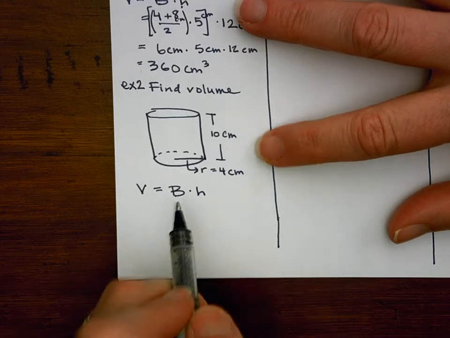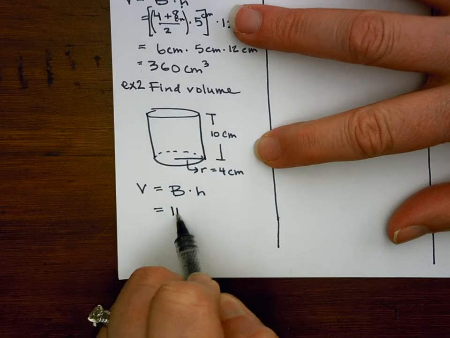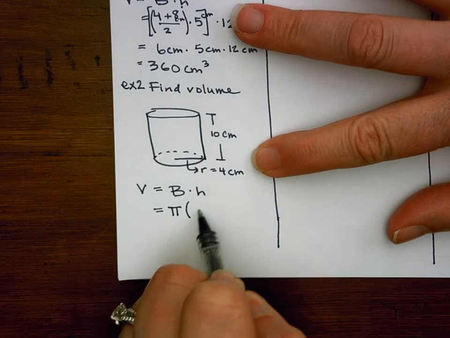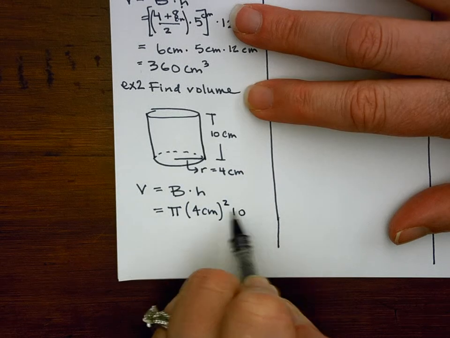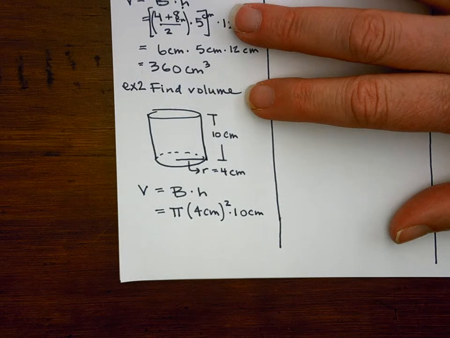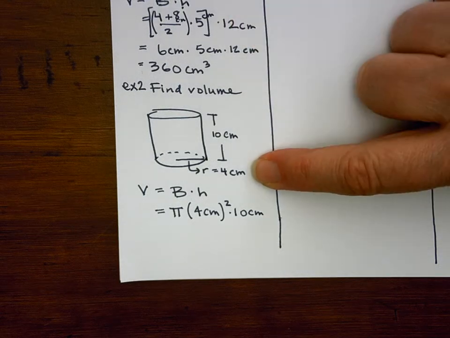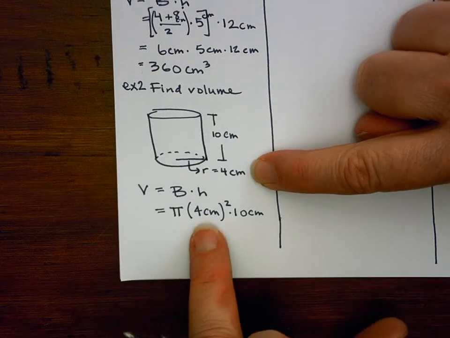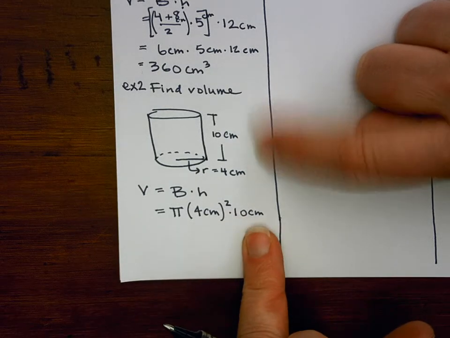So the area of the base, so that's just a circle. So that would be pi r squared, and r is 4 centimeters. And then times the height, which is 10 centimeters. Okay. So the formula is still area of the base times the height. So the area of the base is a circle. So I'm doing pi times the radius squared, and then times the height, which is 10 centimeters.